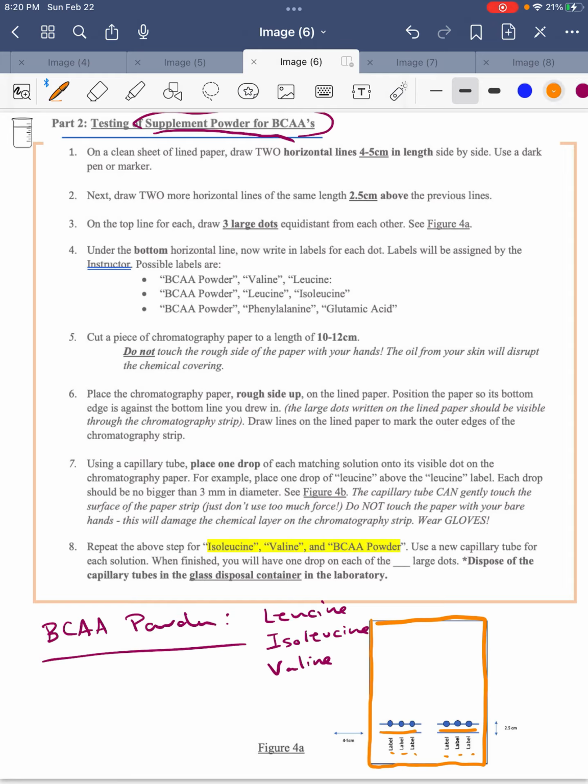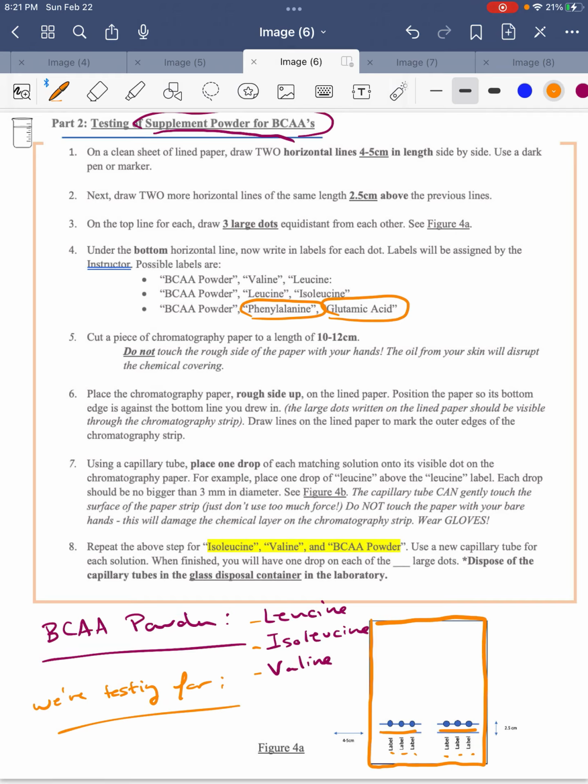So what are we going to test it for? We took the powder and we're going to test for leucine, isoleucine, and valine. But we also put 2 wild cards in there, glutamic acid and phenylalanine.